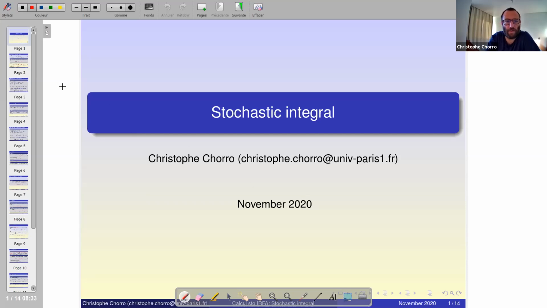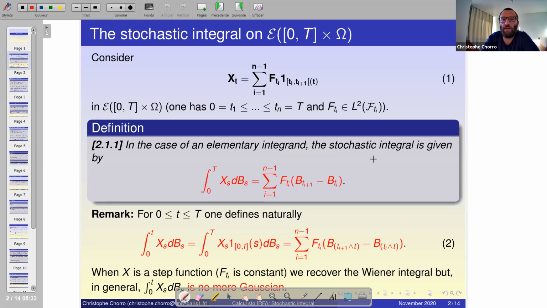I first defined the stochastic integral for elementary stochastic processes, in epsilon. That was defined as a kind of analogue of the Riemann integral, but where I replace the way to measure the distance between two points.